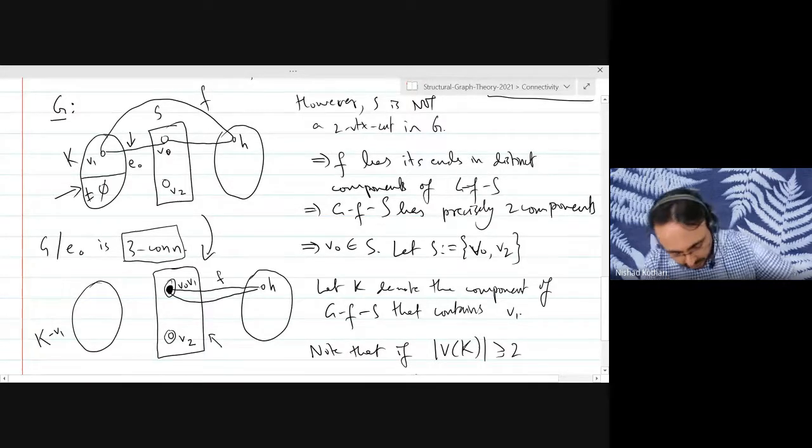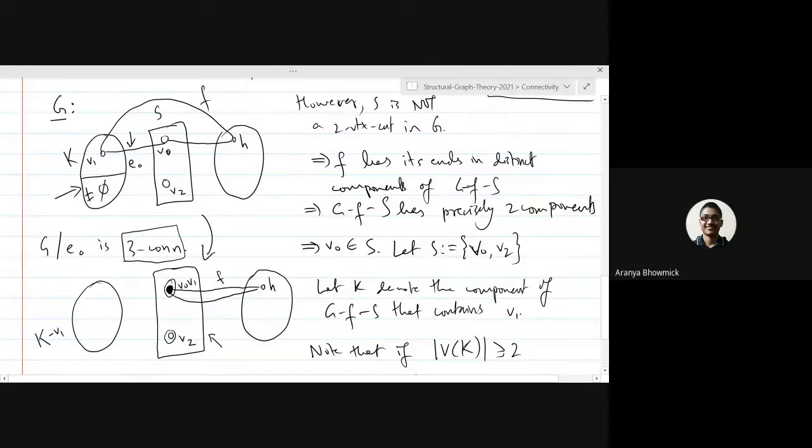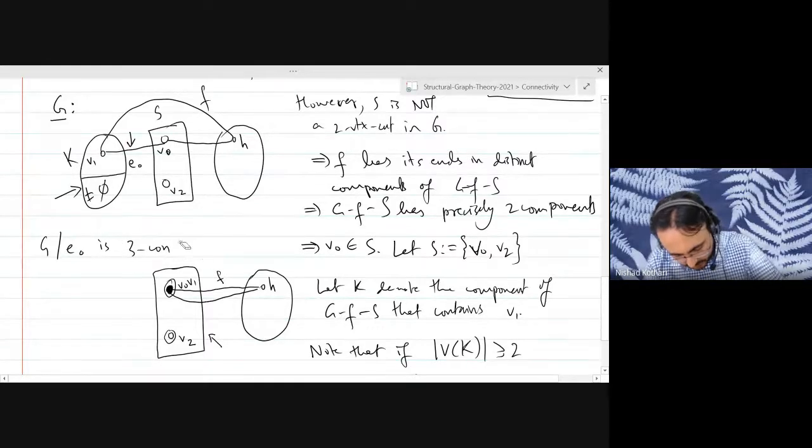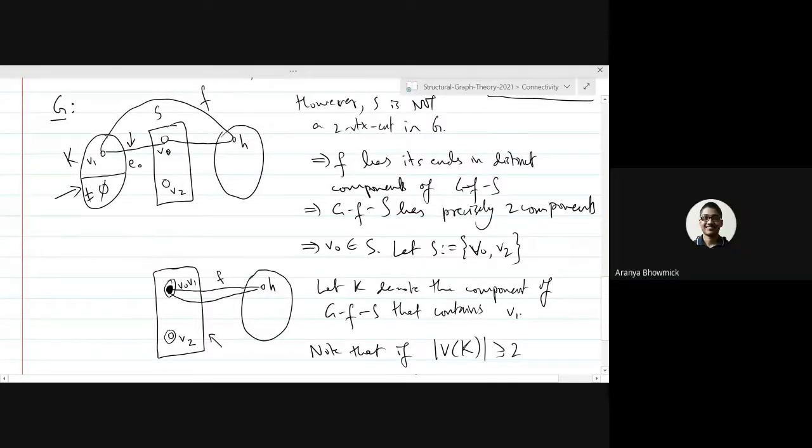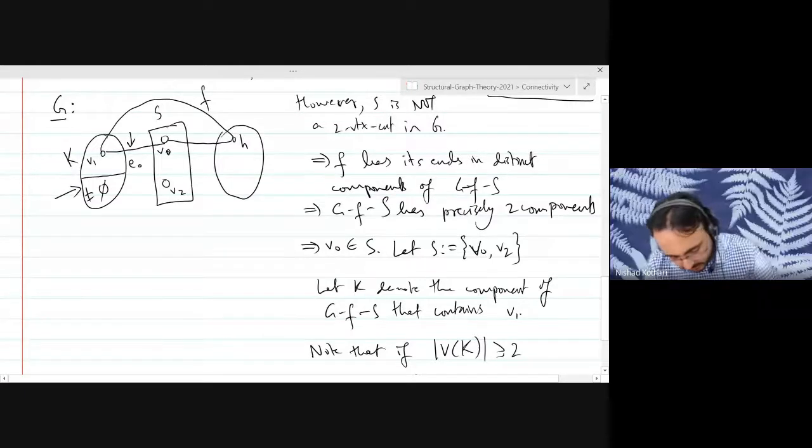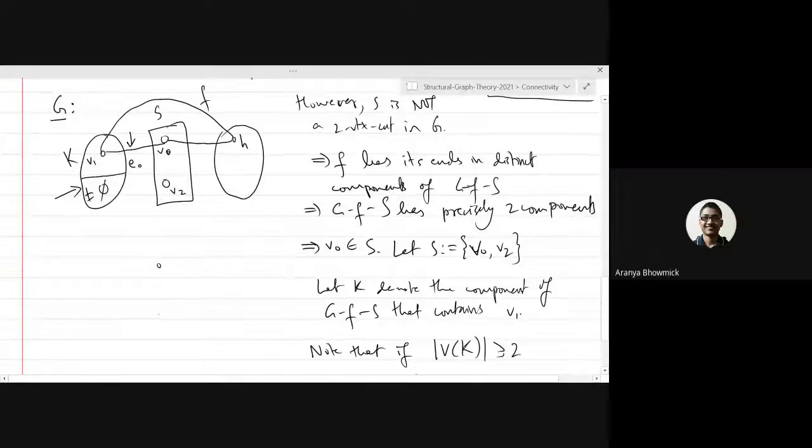Okay, so now let's make some more inferences. Sir, since V0, V2 is a 2 vertex cut, we can say that every 2 vertex cut must have a neighbor in each of the components. That's right. So in particular, V2 has a neighbor in the component K, but the component K contains only the vertex V1. Exactly. So hence V0, V2 will be adjacent to V1.